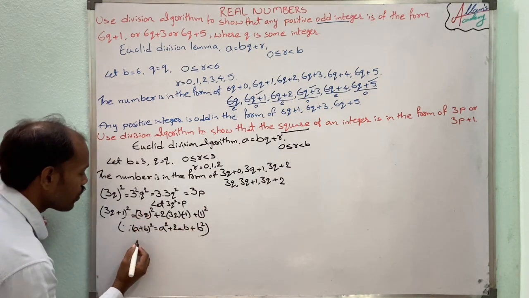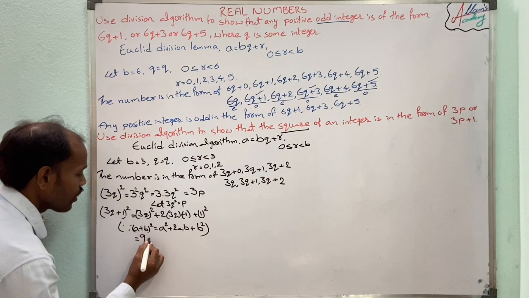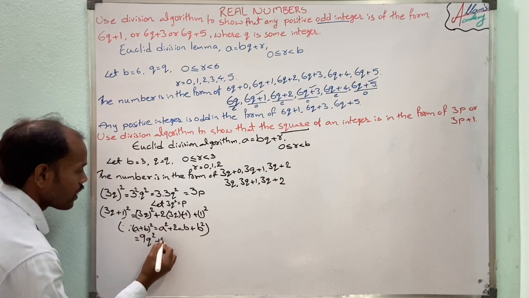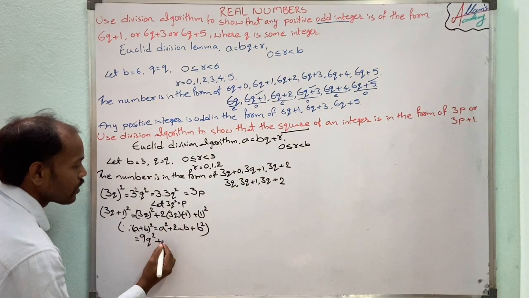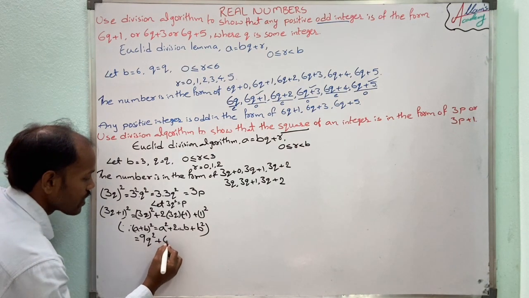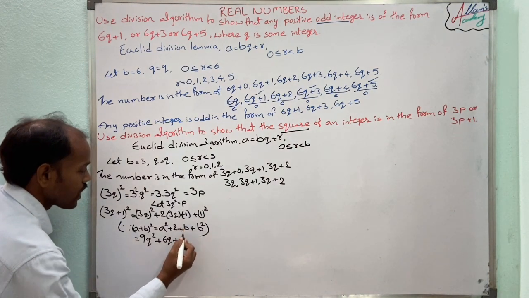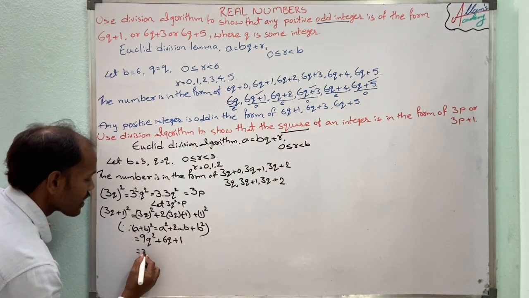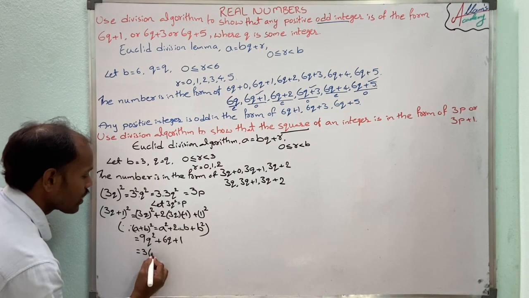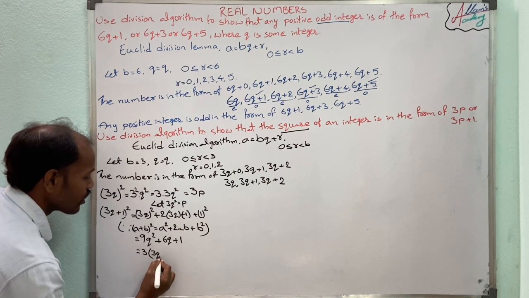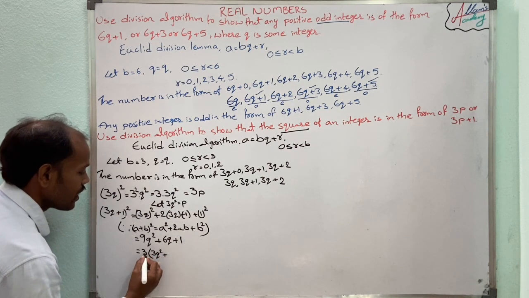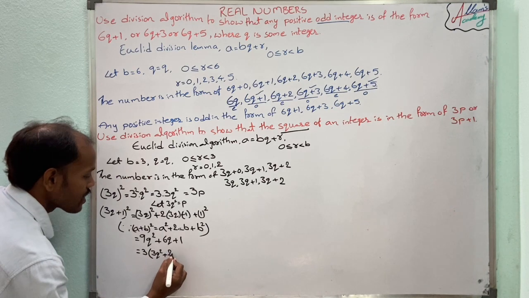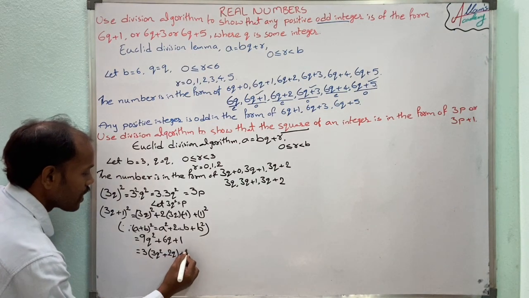So (3q) whole square equal to 9q square. 3 into 2q into 1, that is 6q, plus 1 square means 1. Now in both terms we will take 3 as common. So 3 into (3q square plus 2q) plus 1.